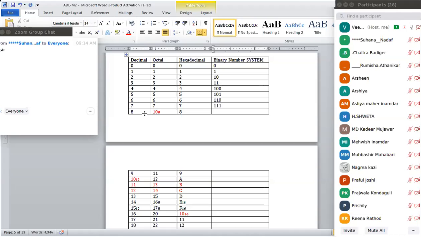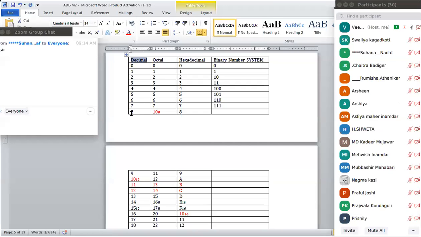Say after 7 in decimal number system, what I will get, 8, right? Then in octal number system, I don't have any number other than 0 to 7. Then I am going to combine this 1 and 0 as I did in binary number system.